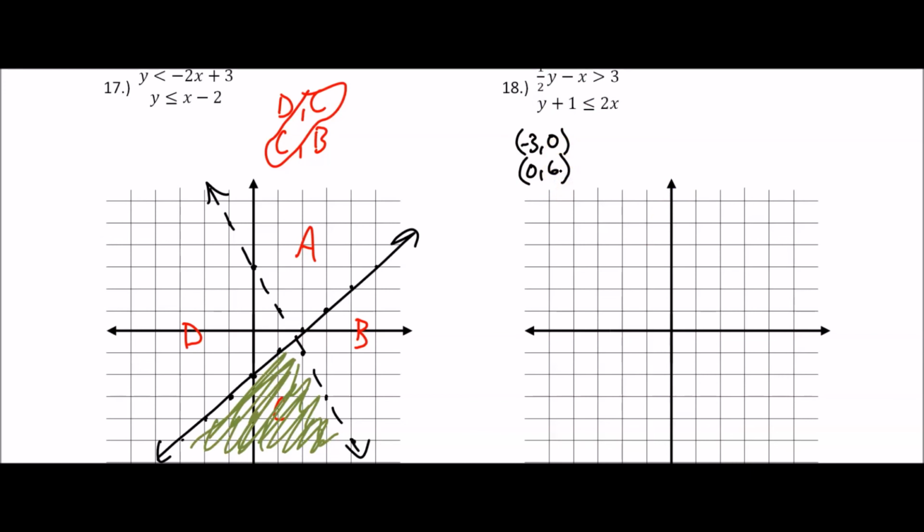You might have to take that off the side to do it, but I can graph that using the intercepts, -3 for x and +6 for y. And I can even see the slope. It's up 6 over 3, which is up 2 over 1, up 2 over 1, up 2 over 1. There's no equal to condition there, so I use a dotted line.